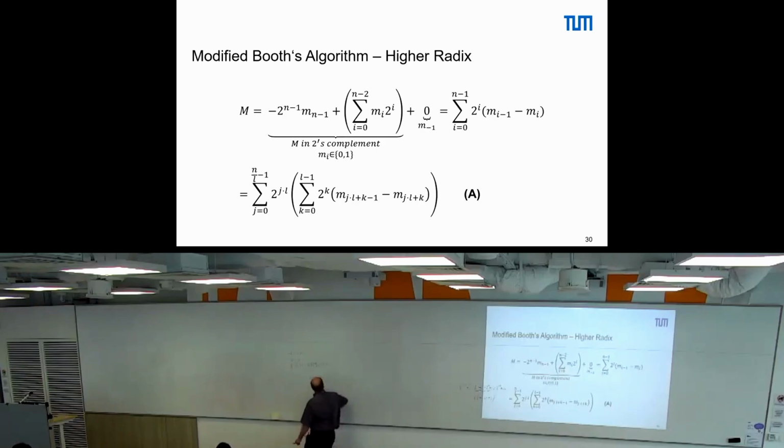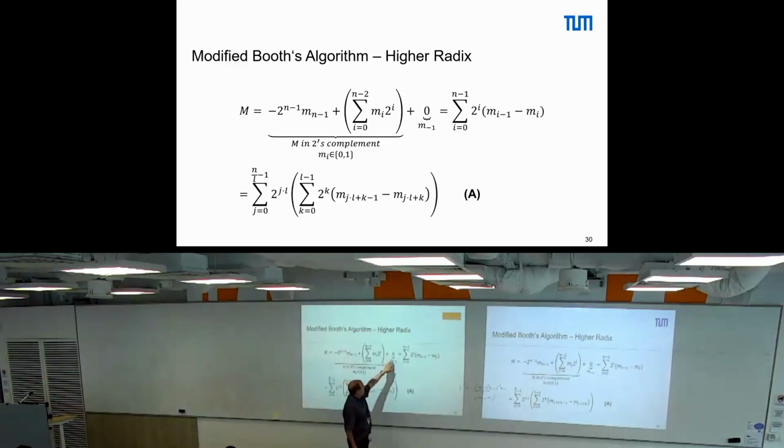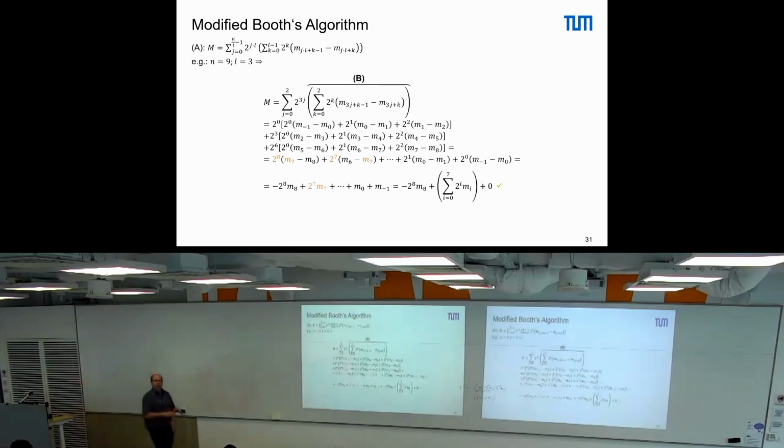So what do we actually have now? We have now a sum over such terms, and we split it. What does this help us? Well, we can now collect not only 2 of these terms, but several of these terms.